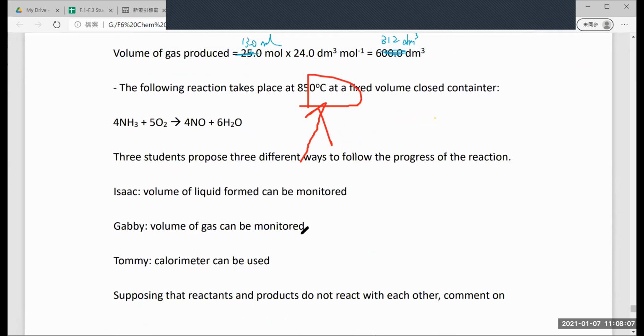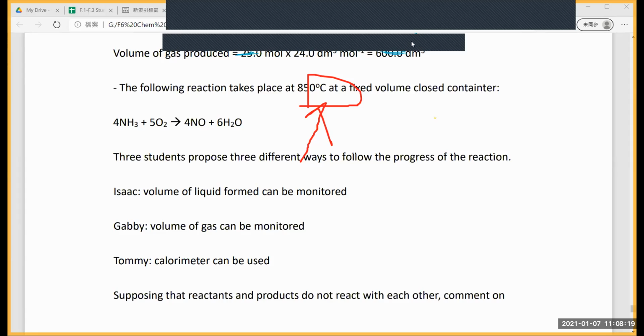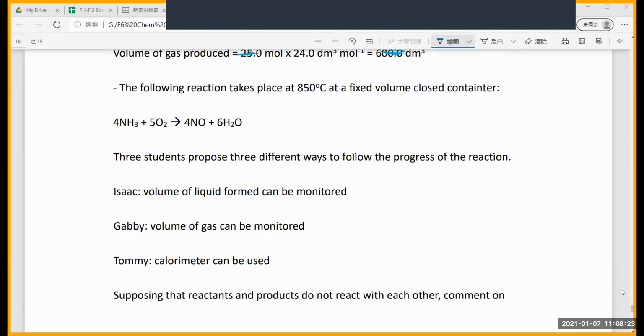Gabby monitors the change of volume of gas. While Tommy suggests using a calorimeter. So comments on the three methods.